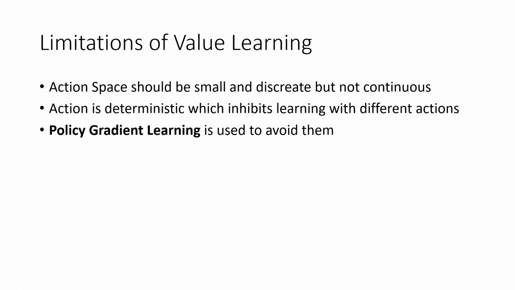So it would continue as a loop, right? And it would not learn anything new at the end of the learning session. Because of that, policy gradient learning can be used instead of this value learning. So we will now look at it.